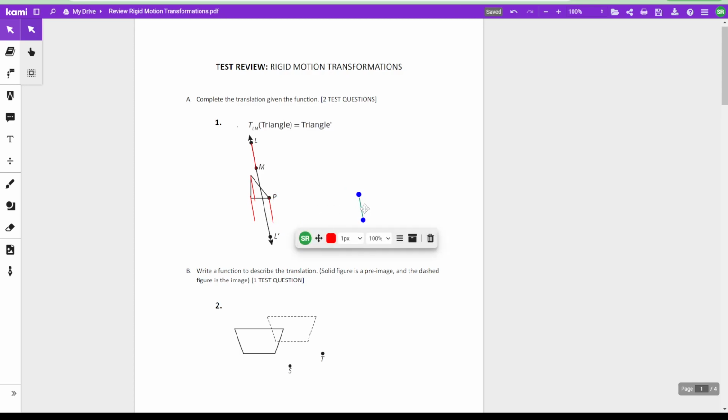Okay, they're all going the same direction, that same angle. And now we've essentially slid all these points to the ends of these line segments.